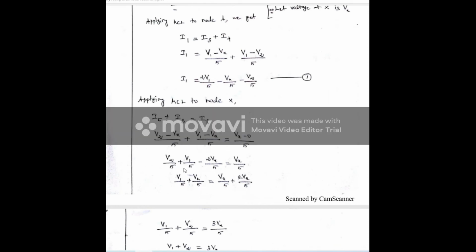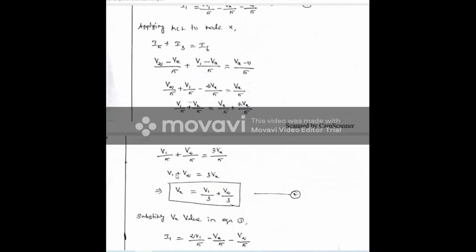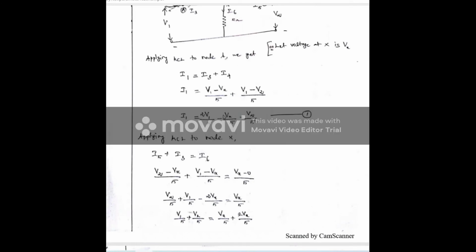From this equation, we have to derive the value of Vx. Our aim is to derive the value of Vx. So rearrange the terms. After splitting, we find V1 plus V2 equals 3Vx. So from that, Vx equals this one. So we derived Vx in terms of V1 and V2. Now substitute this Vx value in equation number 1 in order to eliminate the variable Vx.